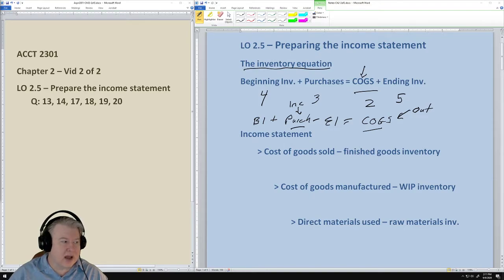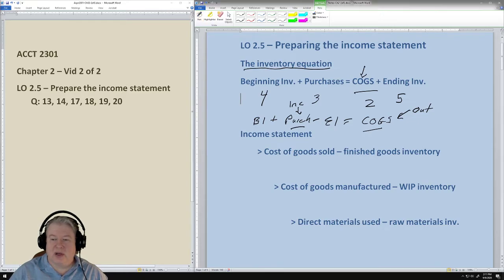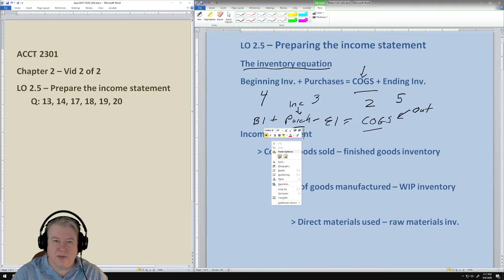To know that, we will need to know what happens with the cost of goods manufactured. That means we had a bunch of stuff we were working on, and how much of it did we actually make versus how much of it is still work in process. So you'll notice that these correspond to the 3 types of inventory.